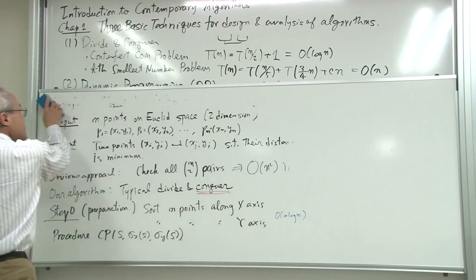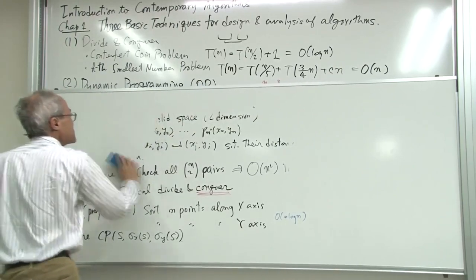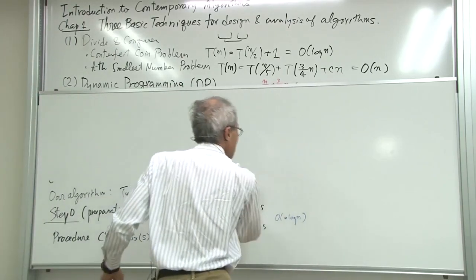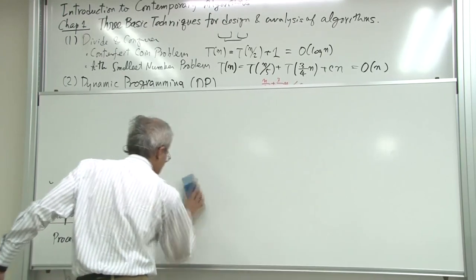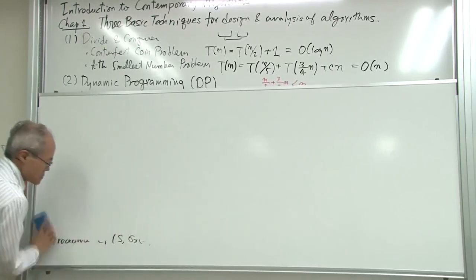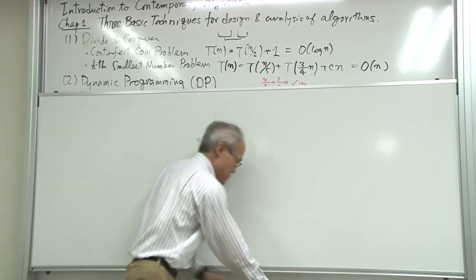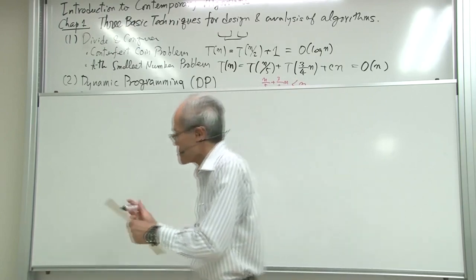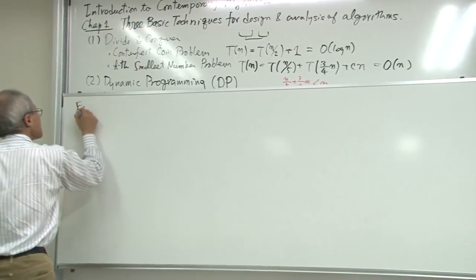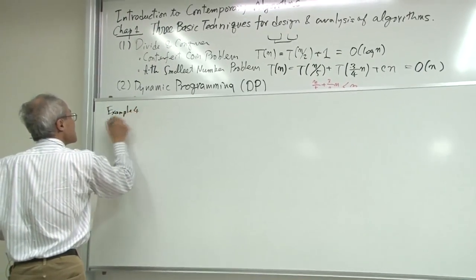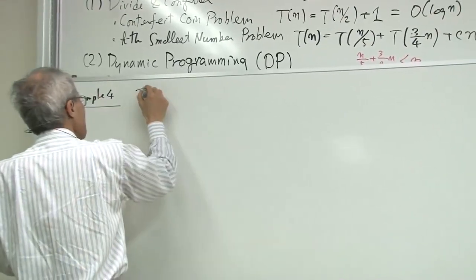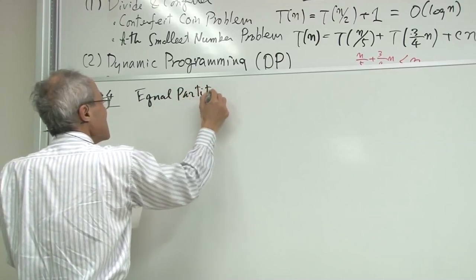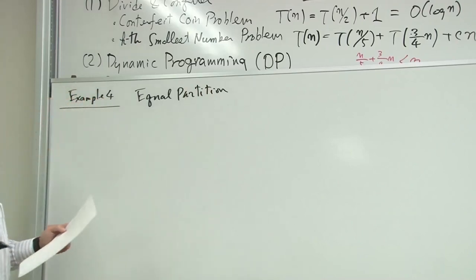So we are going to the fourth example. That's the equal partition problem.